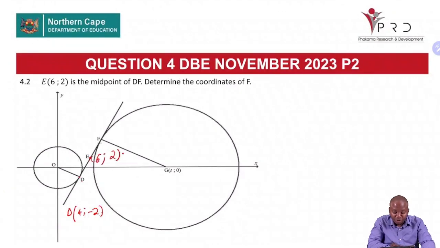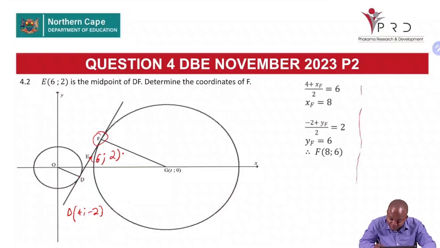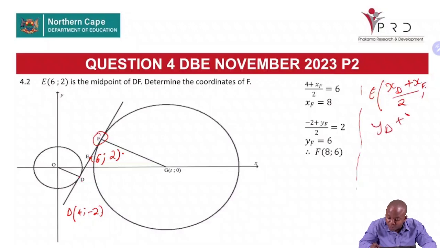So what are we looking for? We're looking for F. E is the midpoint. So when E is the midpoint, the coordinates of E are given by the X value of D plus the X value of F over 2, and the Y value of D plus the Y value of F over 2.